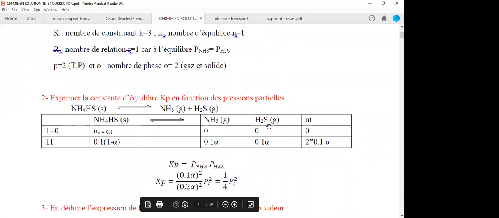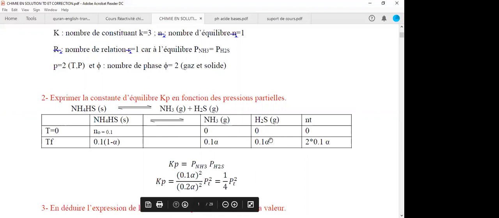The pressure of this is the number of moles divided by the total number of moles. So the partial pressure: the number of moles, 0.1 alpha, divided by the total number of moles times total pressure, times the number of moles of this divided by the total number of moles times total pressure. Since we're multiplying total pressure by total pressure, we're going to have total pressure squared.